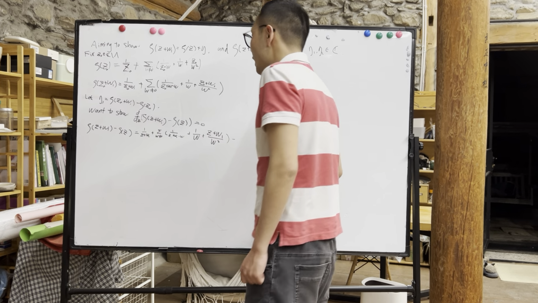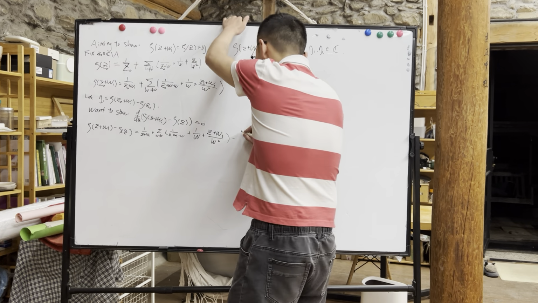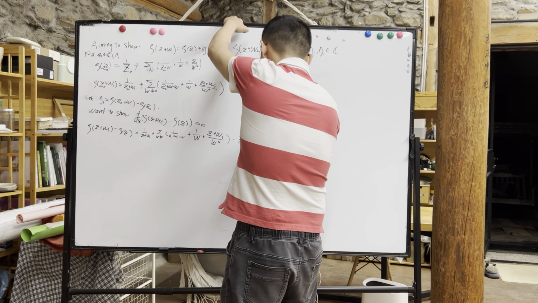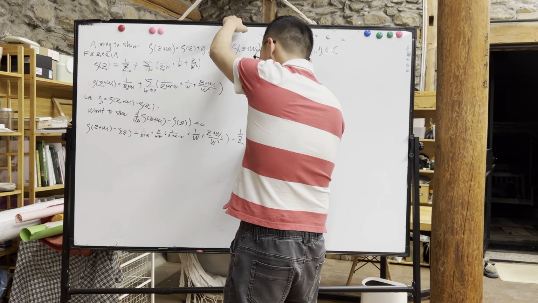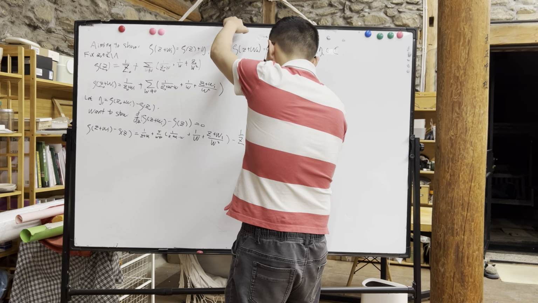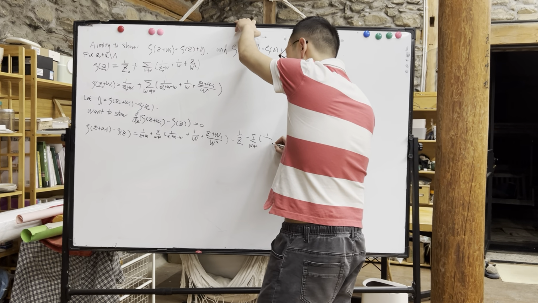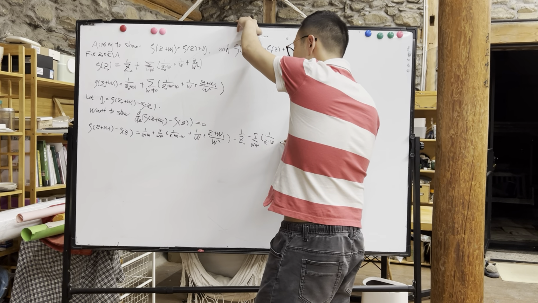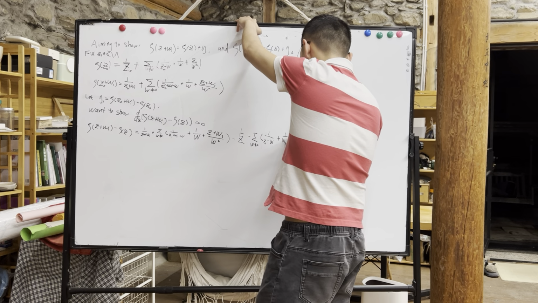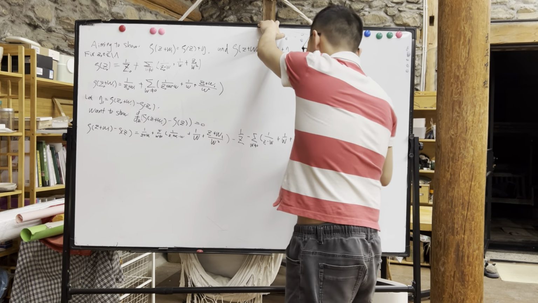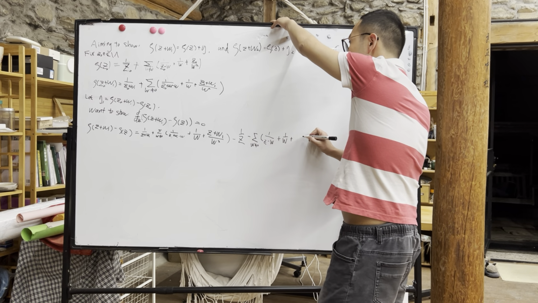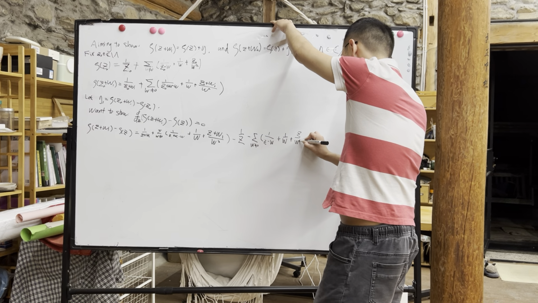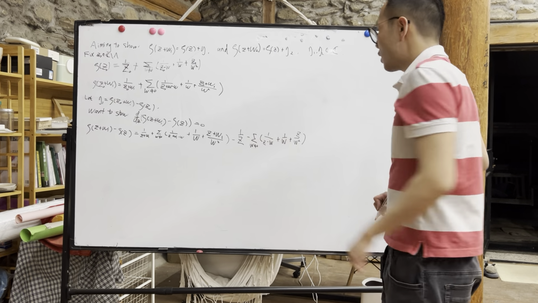And then minus 1 over z, and then minus the partial sum of this guy: 1 over z minus omega plus 1 over omega plus z over omega squared.